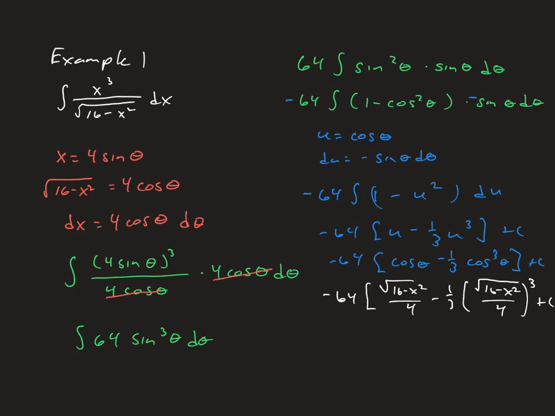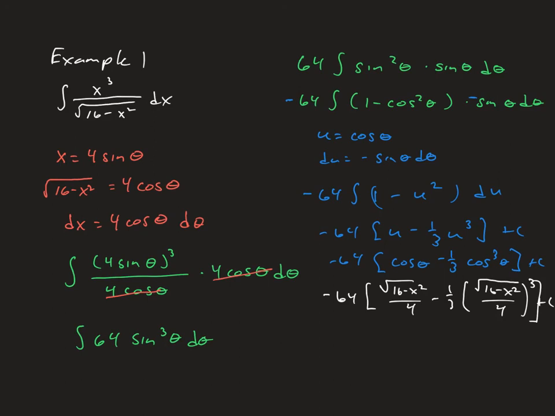And that will end up being my final answer on this problem. I could simplify it, cube that, distribute the negative 64, but this would be enough right there.